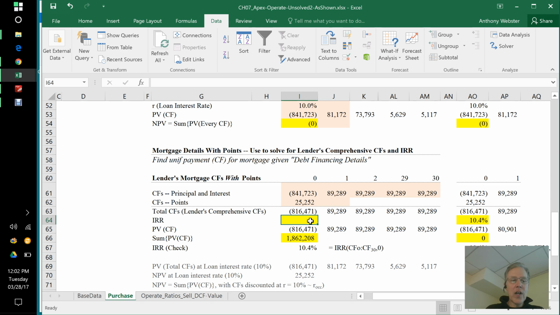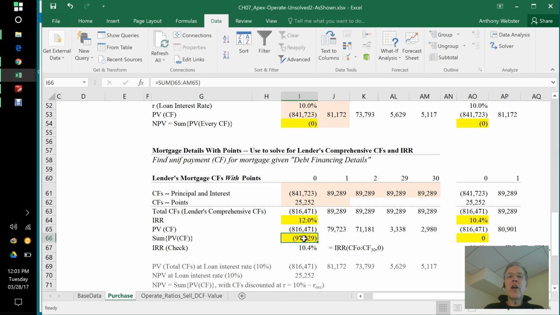To get the IRR, I'm going to make a guess at the IRR, and then I'm going to present value each one of those cash flows using my guess for the IRR, and I'm going to keep changing my guess until the sum of the PVs of all the cash flows equals 0. This is what we did before on exam 1. We're just doing it with a 30-year mortgage now.